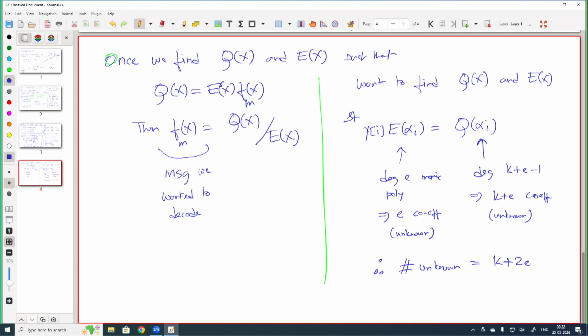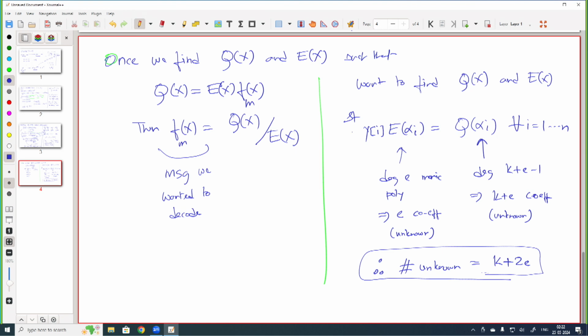If I look at this for all i from 1 to n, I have these coefficients of these two polynomials which are unknown to us. If I write it down for the first one, it will be a linear expression in these unknowns. For alpha 1, I get a linear expression in these k plus 2e unknowns. For alpha 2, I get another linear expression in the same k plus 2e unknowns, and so on.